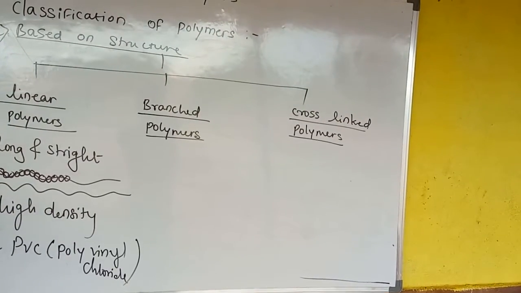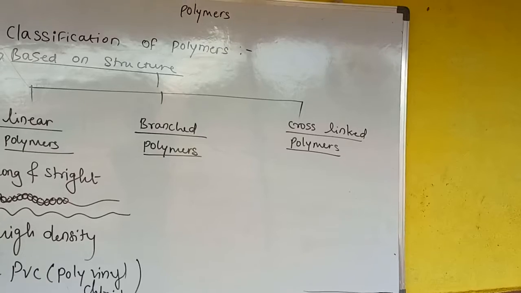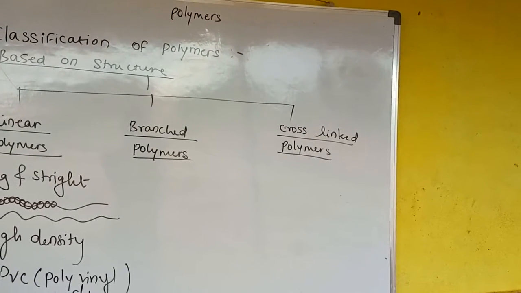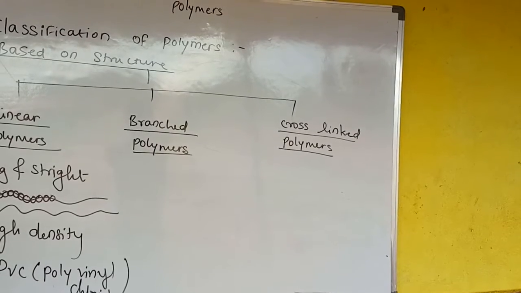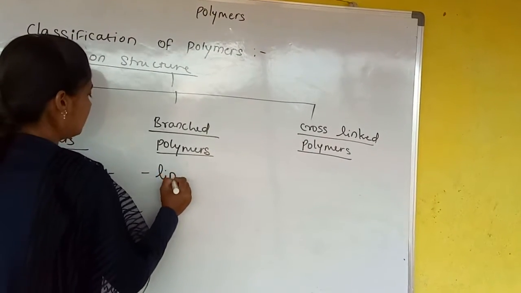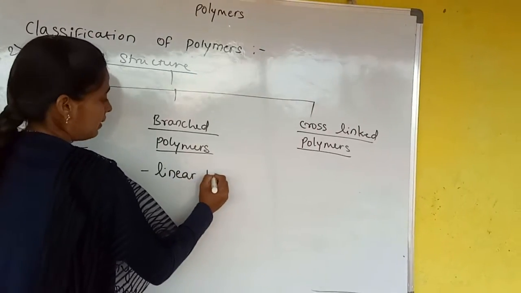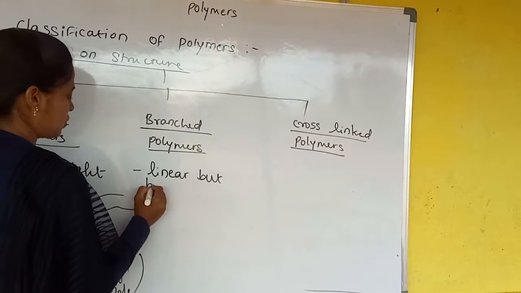Okay, come to the next one, that is branched polymer. These branched polymers are linear, but somewhere it will get branched.